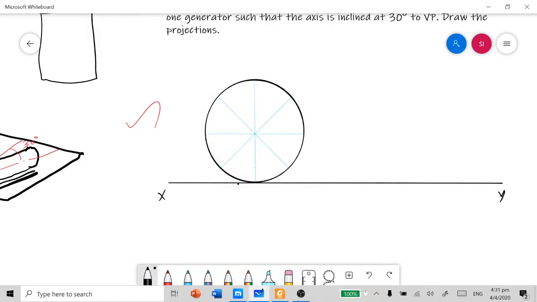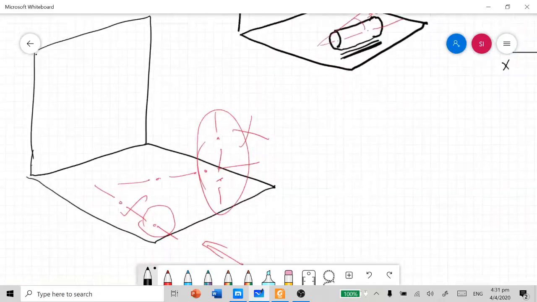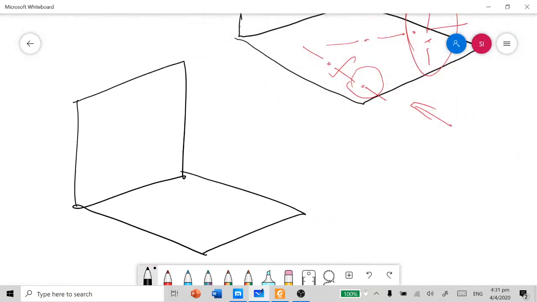It's a cylinder, so both base and face points we can mark. I am considering the face is nearer to the observer, that is, in this condition the solid is staying on HP in this way. Now we have made the axis perpendicular to VP and parallel to HP. The nearer face is considered as the top face of the object, and the far away is considered as the base for our convenience.